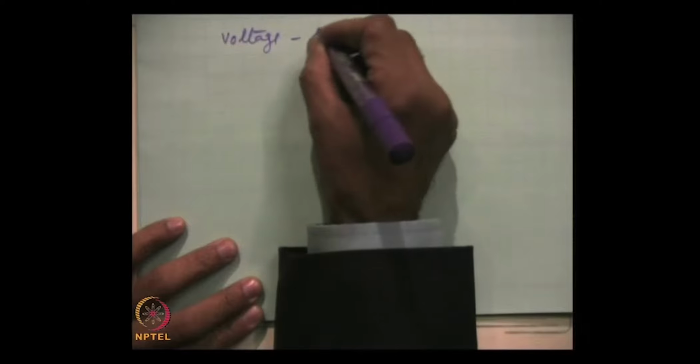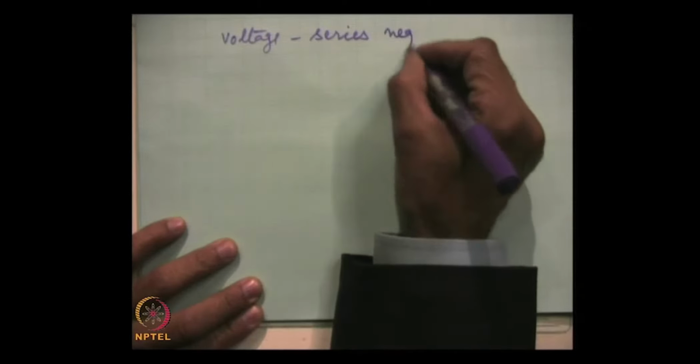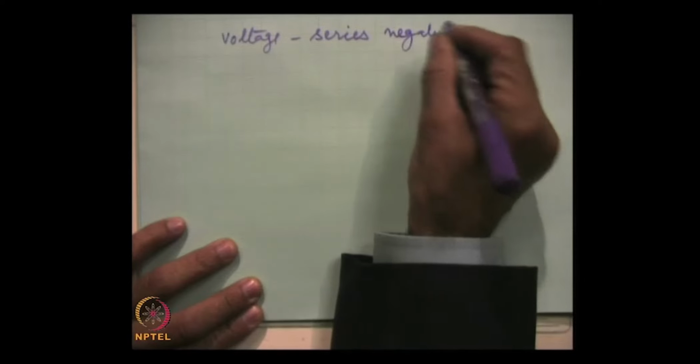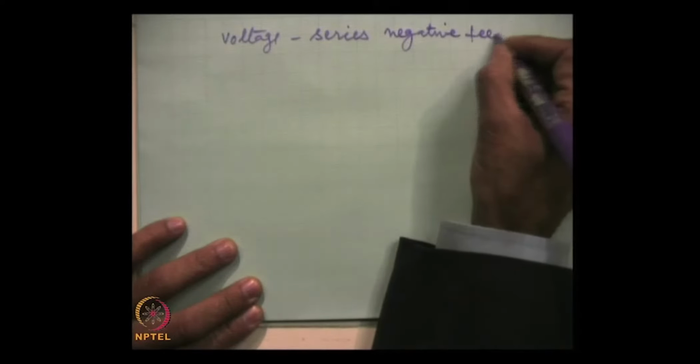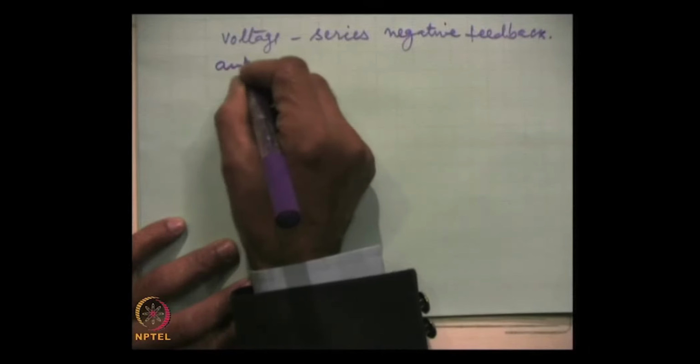So, all the 4 analyses are not required to be taken, but as an example only one I take, that is voltage series negative feedback amplifier.